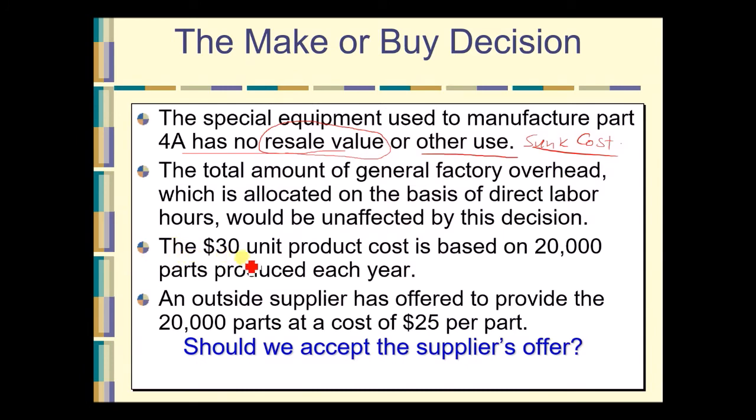The $30 per unit product cost is based on 20,000 parts produced each year. An outside supplier has offered to provide the 20,000 parts at a cost of $25.